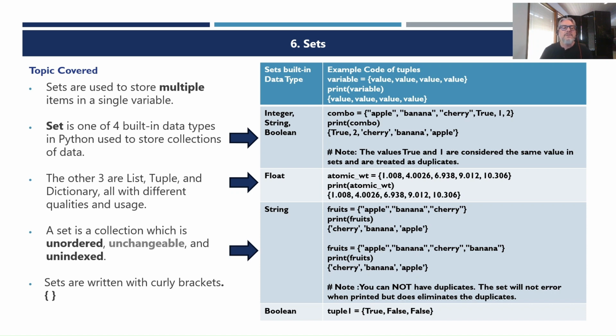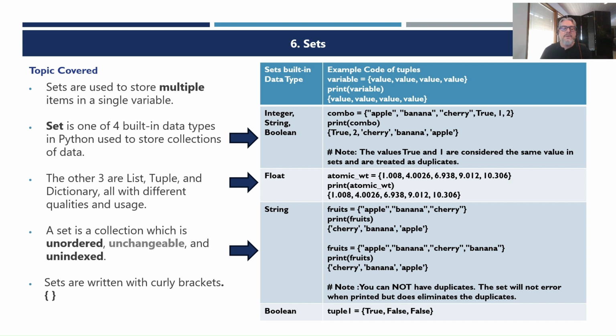With fruits, we have apple, banana, and cherry. It's a curly bracket, so it's a set, and we're going to print fruits. You print fruits, it's going to print out cherry, banana, apple.